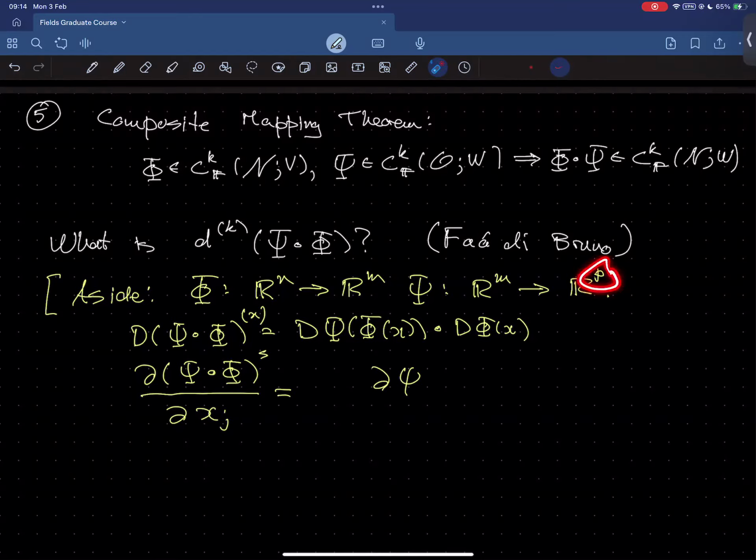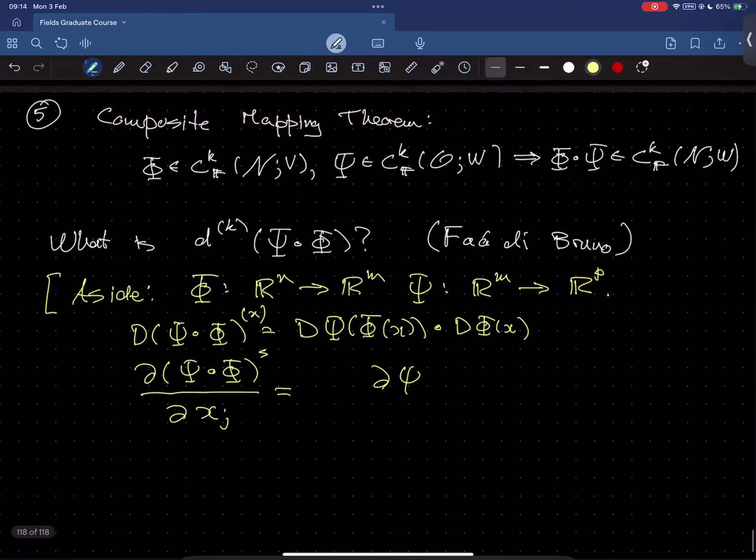Psi takes values in Rp, so there's going to be d psi s. And then psi depends on m variables. Let me call those variables y, and this will be d y, and let's use an index a for those.